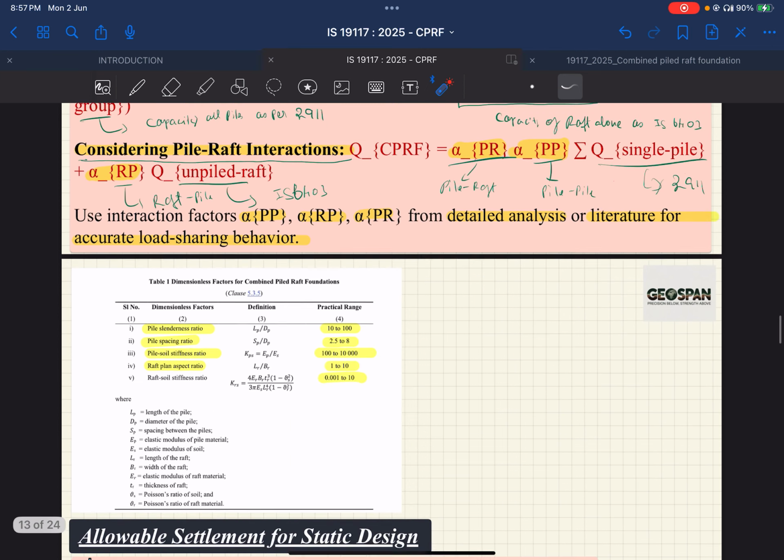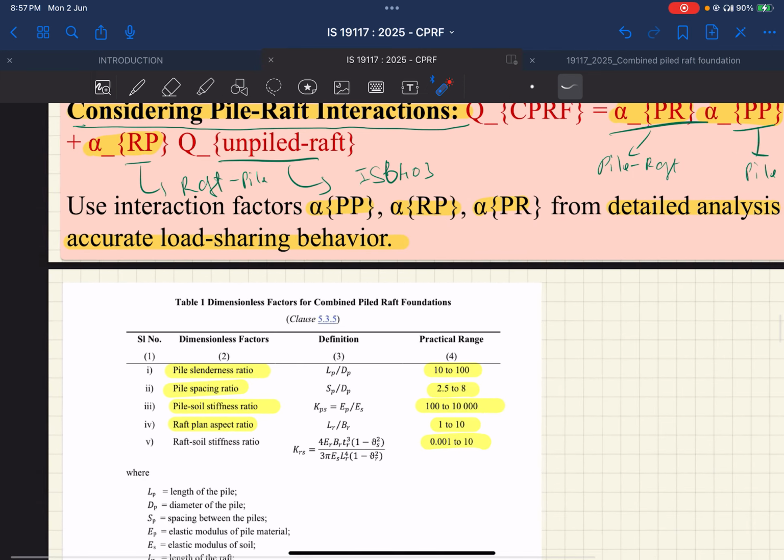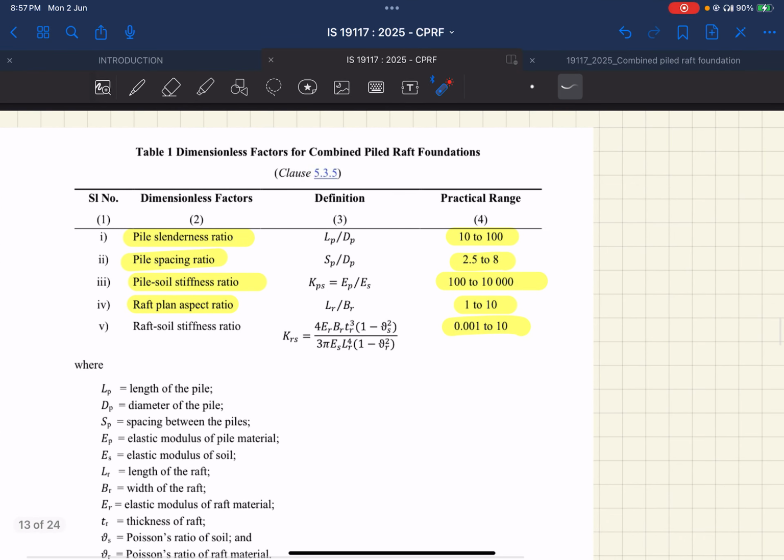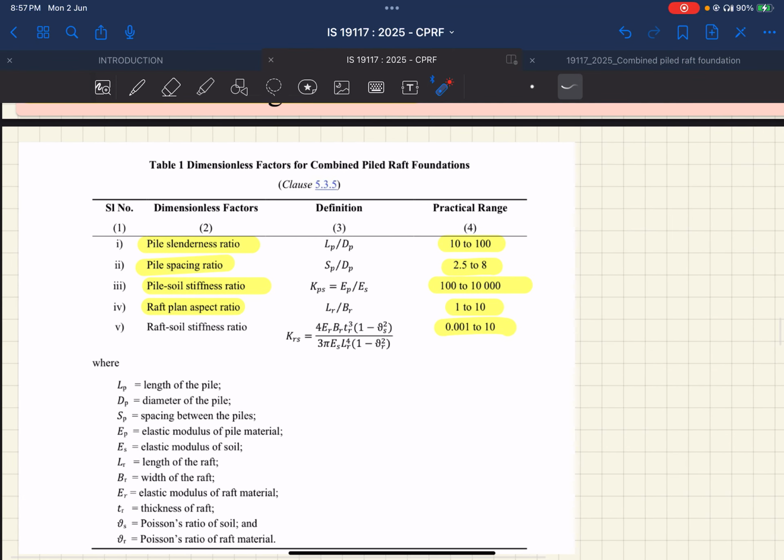Now there are some dimensionless factors which have been mentioned in IS 19117 2025. The first one is the pile slenderness ratio, LP by DP, where LP is the length of the pile; the ratio of length to diameter of the pile should range between 10 to 100. In the same way, the pile spacing ratio should range between 2.5 to 8.